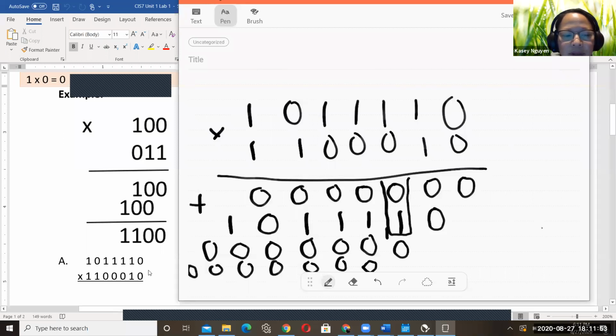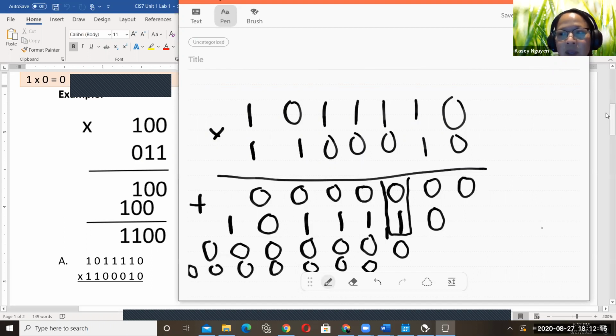So as you work through A, you can just type out the result there. If you wanted to type out each step, that's fine, and show the multiplication for each digit and the addition. But if it gets a little bit too tedious, then you can just type out the answer there. That's fine with me.